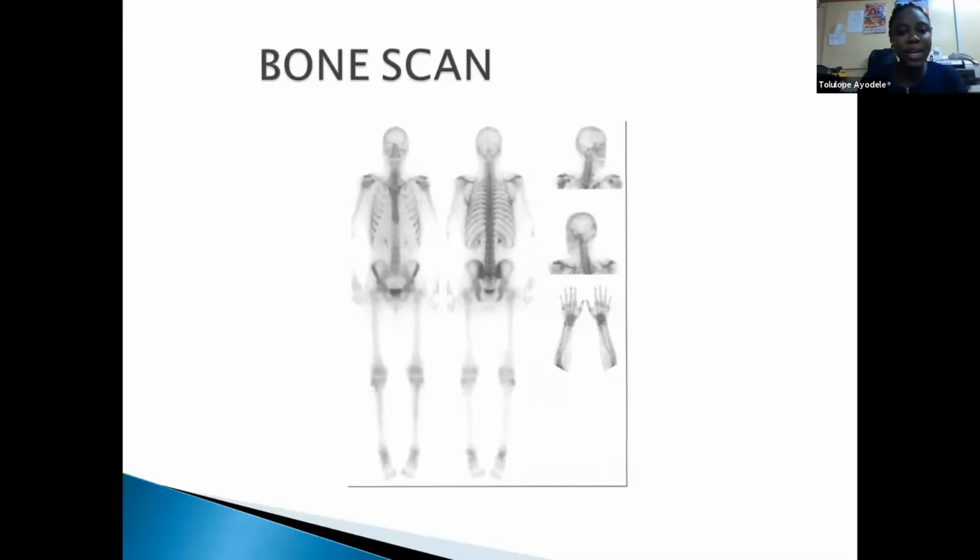A radiopharmaceutical that is used, for example, is technetium-99m MDP or HMDP. The MDP is the drug that has affinity for the bone and is labeled with technetium-99m that emits gamma rays.